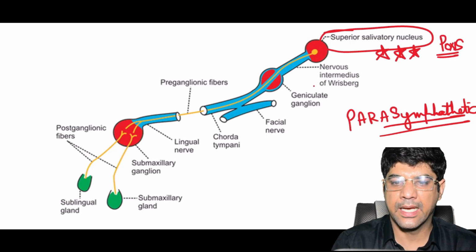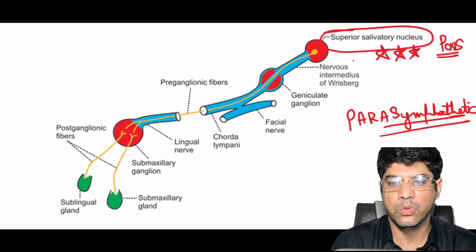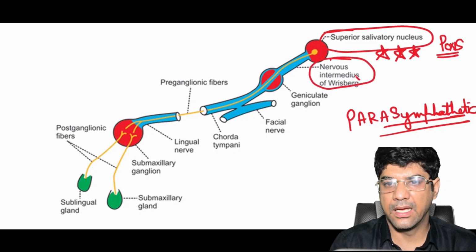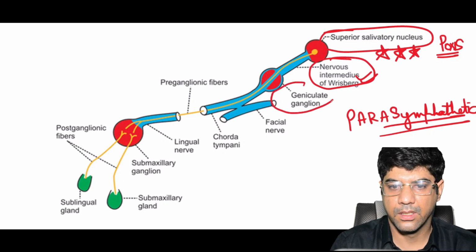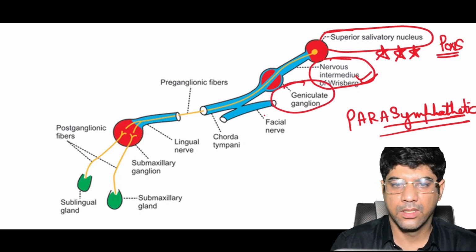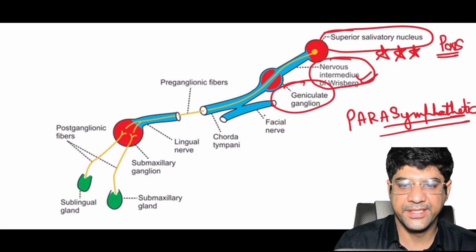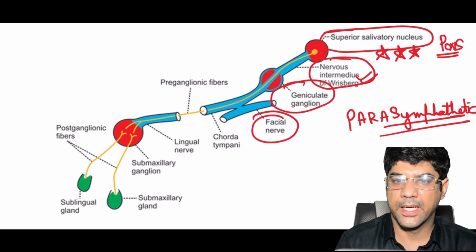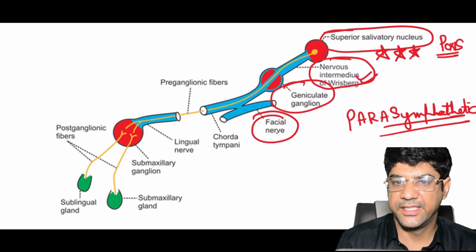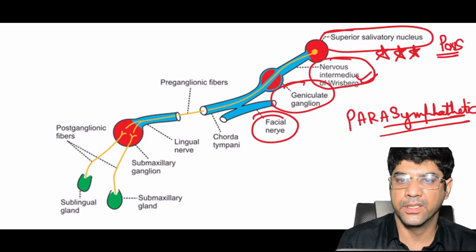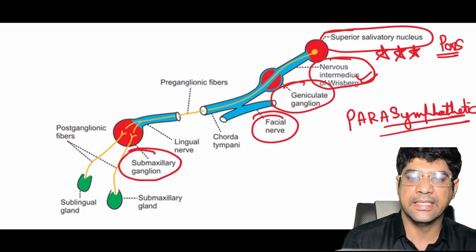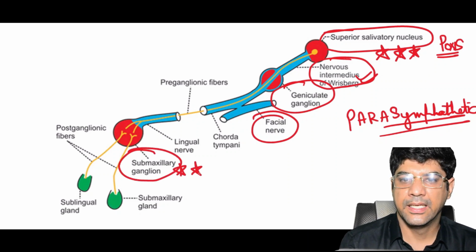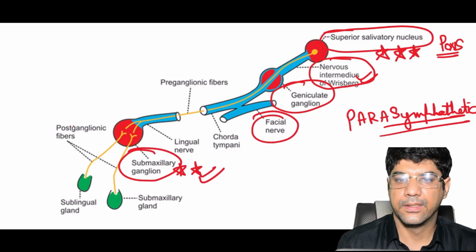These preganglionic fibers travel through the nervus intermedius, the geniculate ganglion, the chorda tympani branch of the facial nerve, and the lingual branch of the trigeminal nerve, finally reaching the submandibular ganglion.